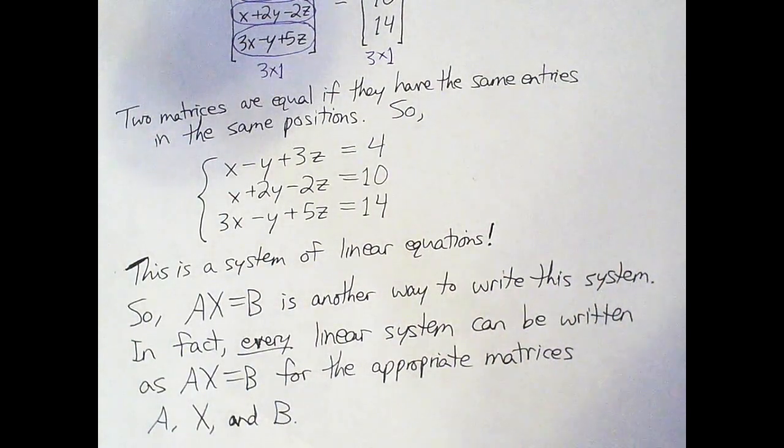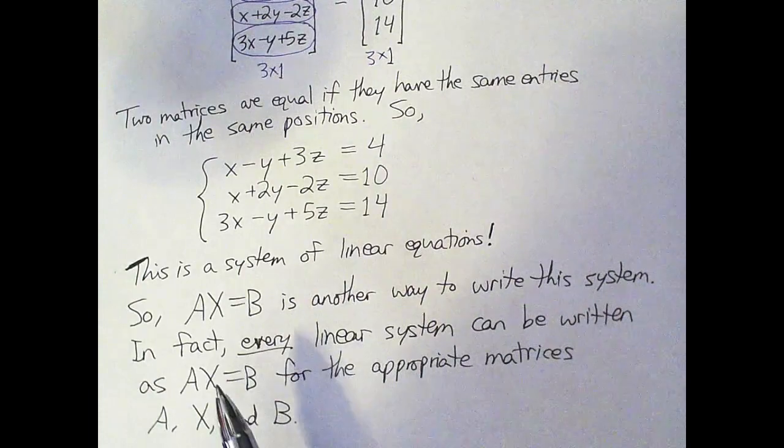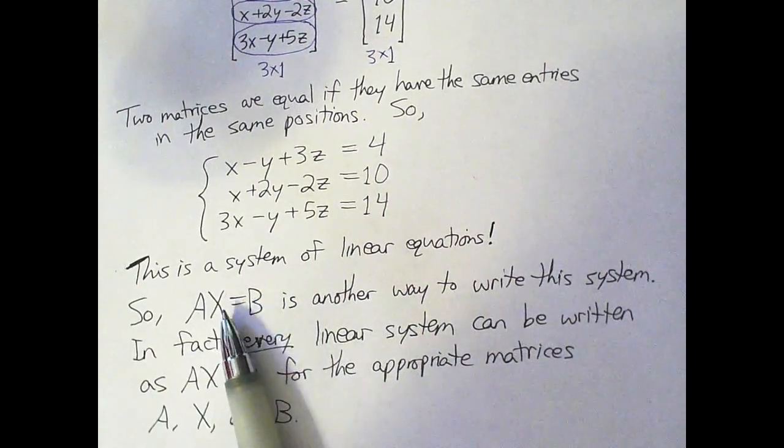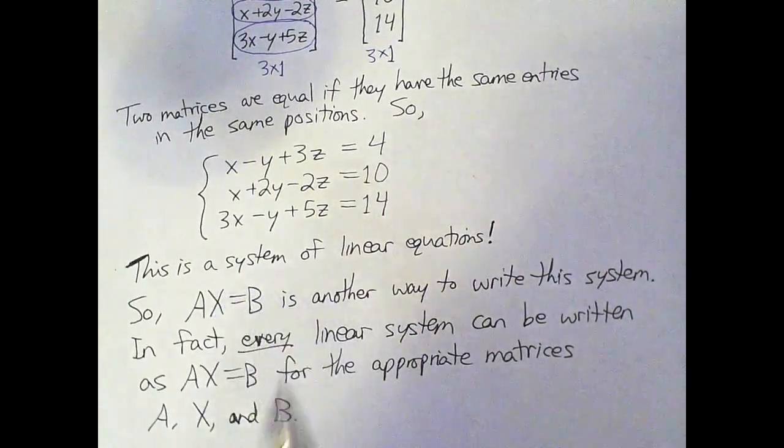In fact, this is basically the reason why matrix multiplication is defined in the peculiar way that it is. This is why we multiply matrices in what might seem like an unusual way. It's so that we get this connection with solving systems of linear equations.